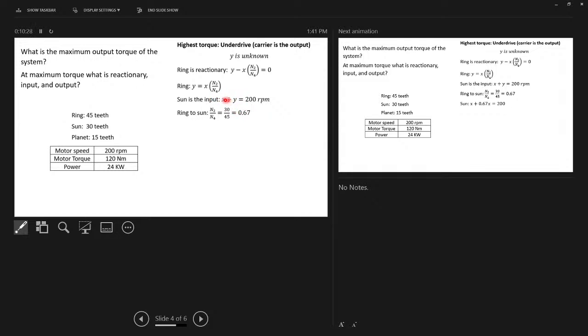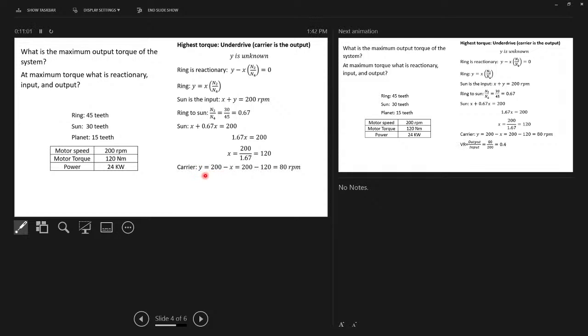So what we'll have is one unknown. Just x will be the only unknown in this equation, and we can calculate a value for x. So we have x plus 0.67x is equal to 200, which means 1.67x is 200, so x is going to be 120. That means we can figure out what the carrier speed is.